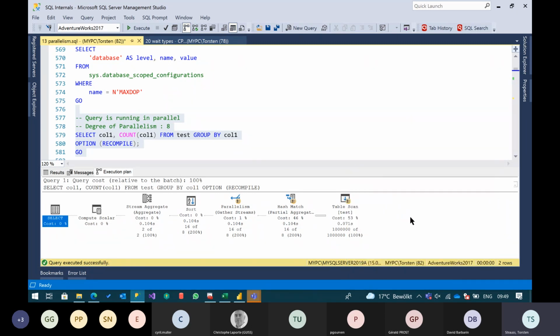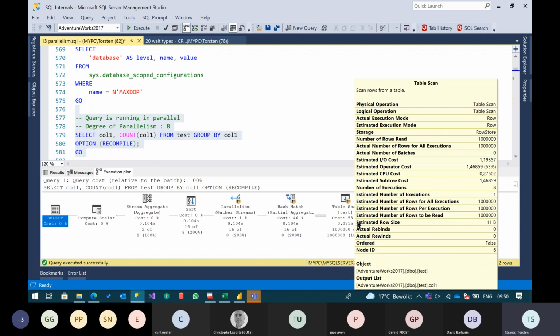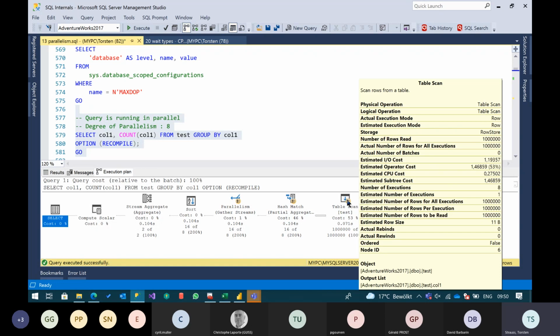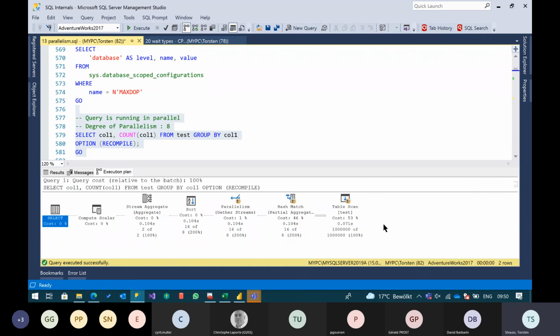So there's something which is called a so-called page supplier, which is not visible in the query execution plan. But it ensures that the table scan gets a specific portion of pages for every thread. But here from a query execution plan, you can see whenever you have the double arrow, this identifies that the operator or the iterator is running in parallel. So parallelism stops here.